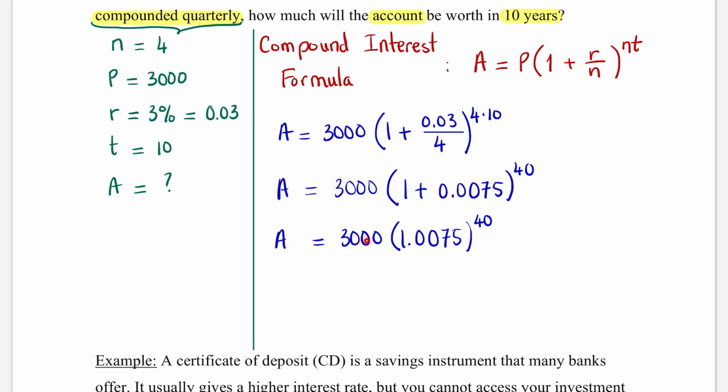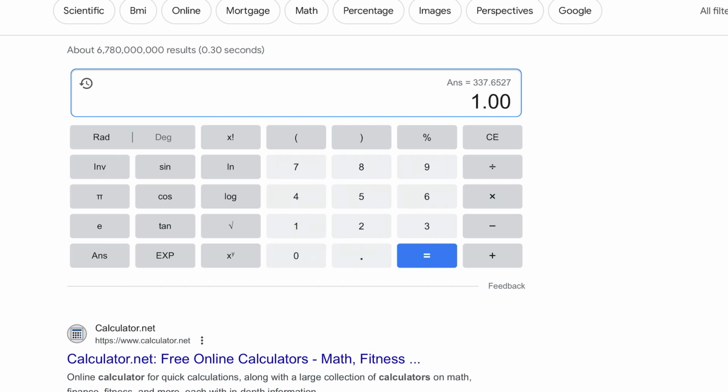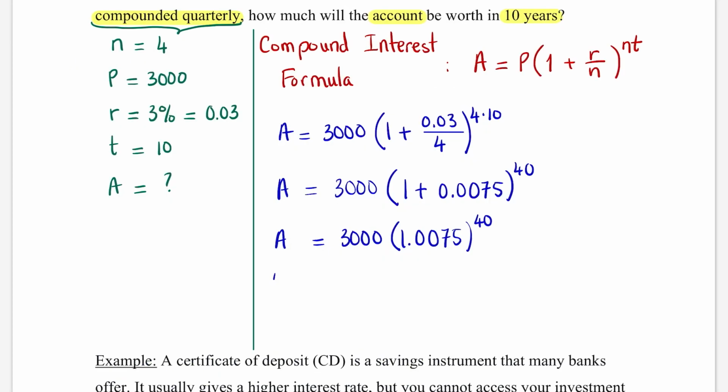Now, I can put this whole entire thing in the calculator, or you can just take 1.0075 raised to the 40 first, and then take that number times 3,000. 1.0075 raised to 40 equals, and then I take this number times 3,000. So I got A equals 4,045.04583701.